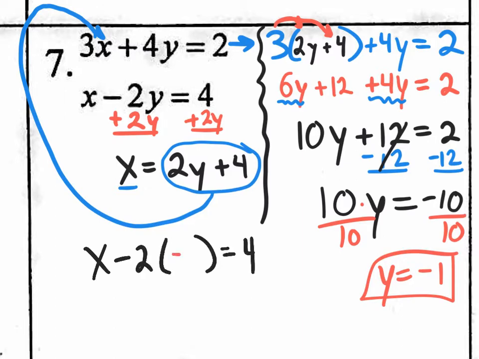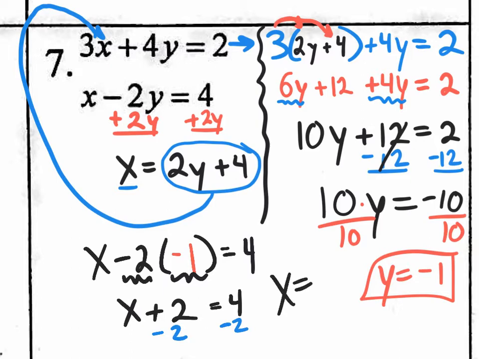And I'm going to put the negative 1 in place of the y inside parentheses. So I really have negative 2 times negative 1. That's really going to be x plus 2, because that's a positive 2, equals 4. And then we subtract 2, and we have our final answer, x equals 2.